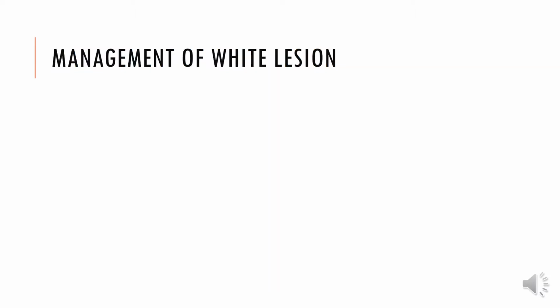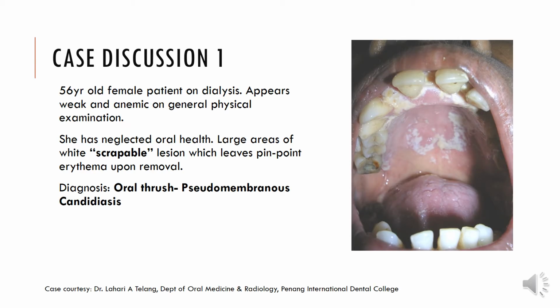So let's first look at management of white lesions. This is a case that we have discussed previously. I just thought I'd bring it to light again. This is a 56-year-old female patient who is on dialysis, who appeared weak and anemic on general physical examination.